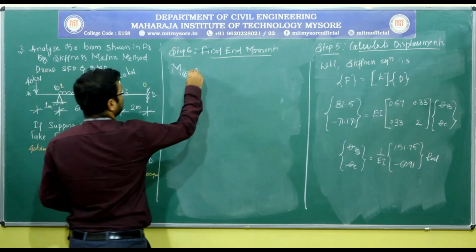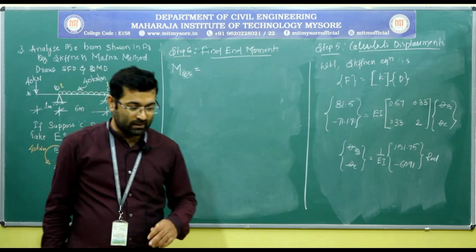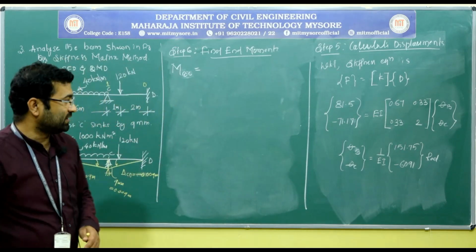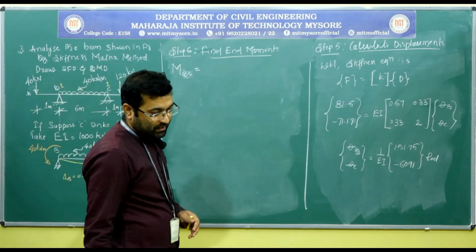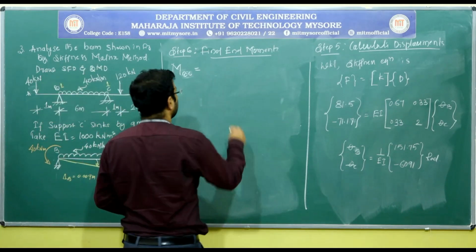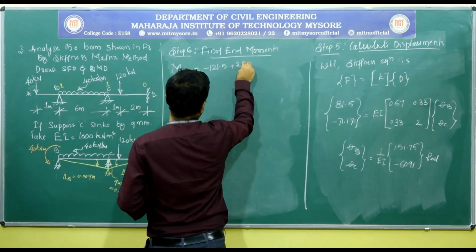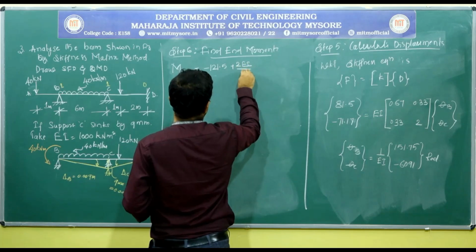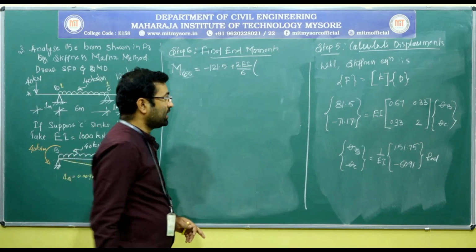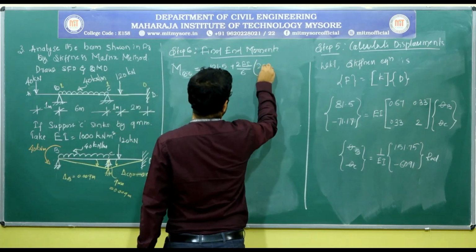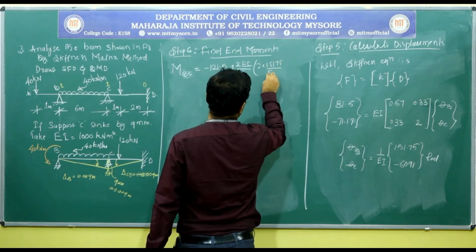So MBC is MFBC plus 2EI by L into 2 theta B plus theta C. So MFBC, as per our calculation, is minus 121.5 plus 2EI by L, L is 6 meter, into 2 theta B. Theta B, as per our calculation, is 151.75 divided by EI.